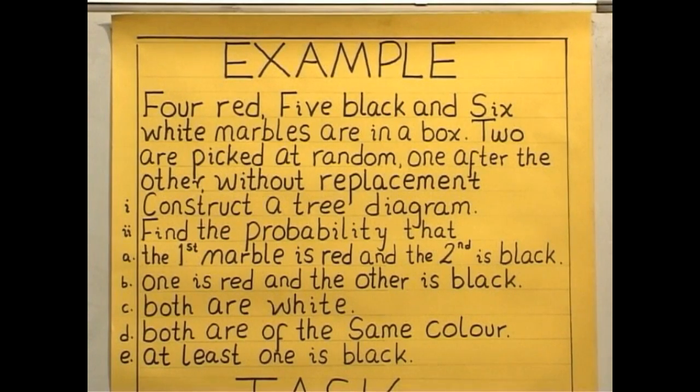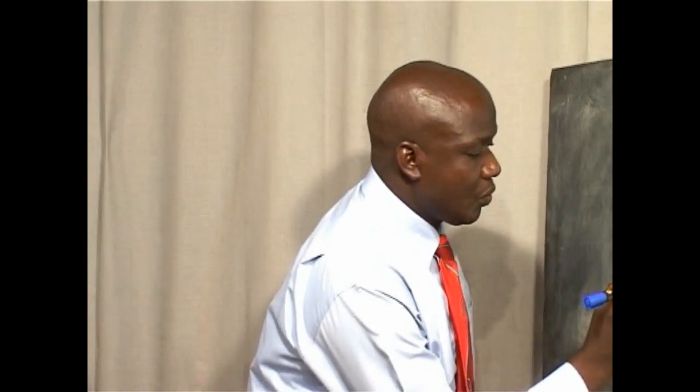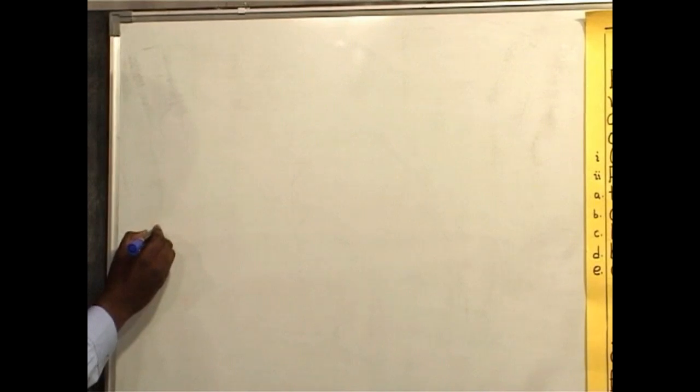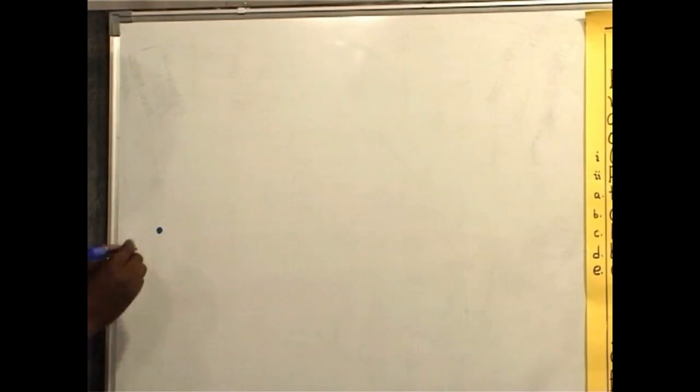The first thing we are required to do is to construct a tree diagram which must be able to show all the possible combinations of the 2 marbles. So we are going to have a node as the root node, and from this root node we are going to have branches.